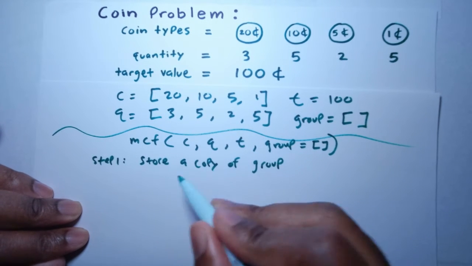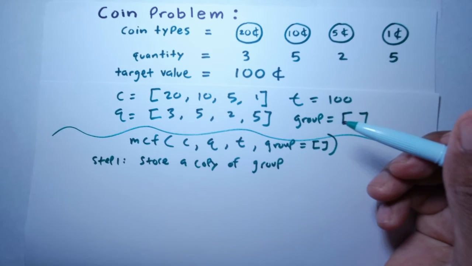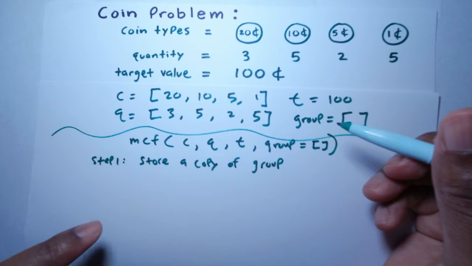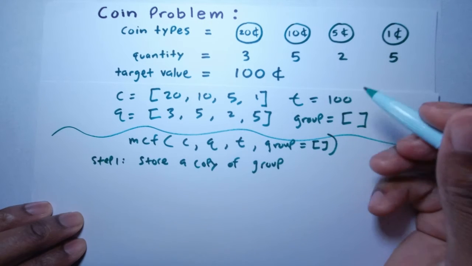As I mentioned before, the group is important because we are storing the current coins that we've selected between trials, and we need to keep track of the original. So having the group defined here will allow us to revert back to the original.